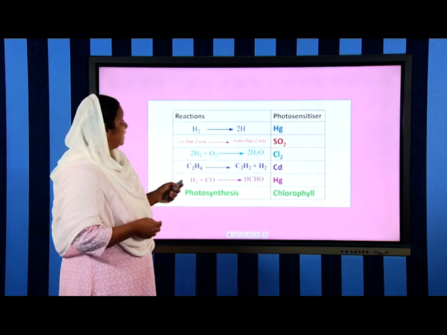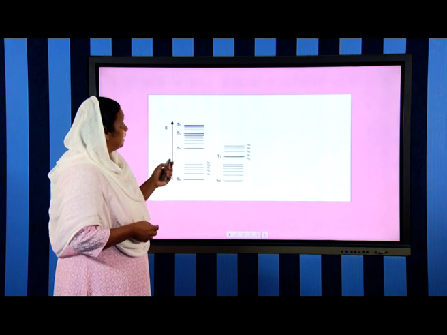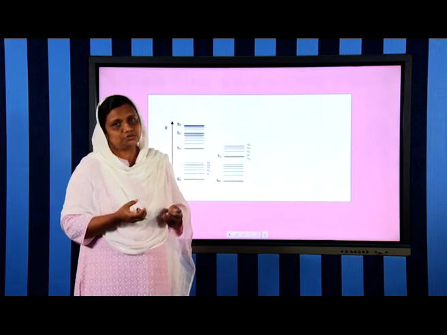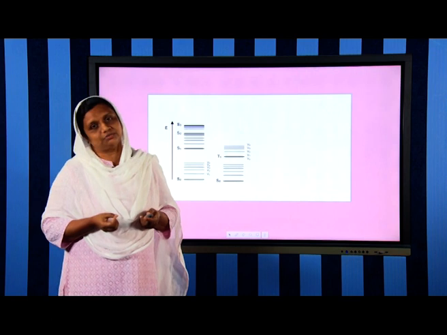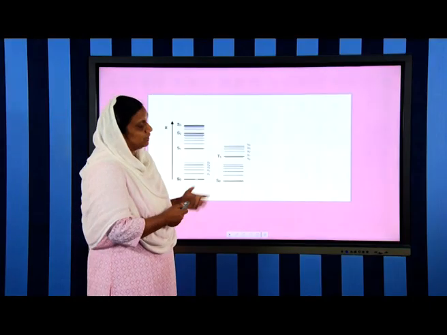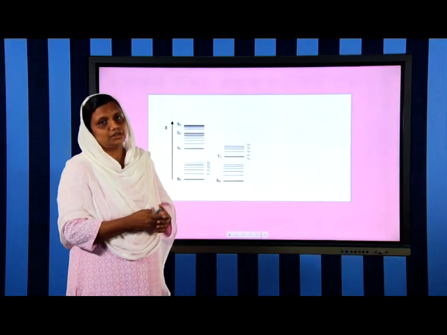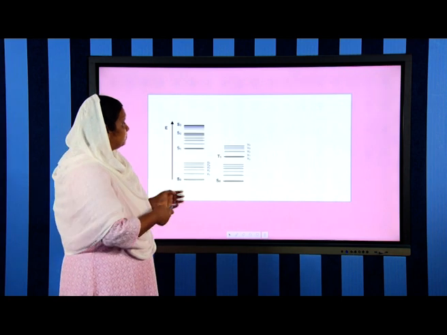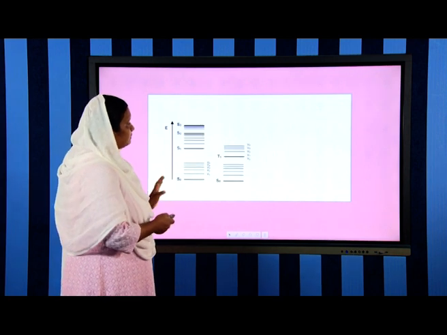Now, let us take one example, that of molecular hydrogen getting converted to atomic hydrogen. Before that, we shall look into the Jablonski diagram of a photosensitized reaction. In the Jablonski diagram, as we have the radiations and energy levels, the energy level on the left side of the screen is for the donor atom or donor molecule or the photosensitizer.